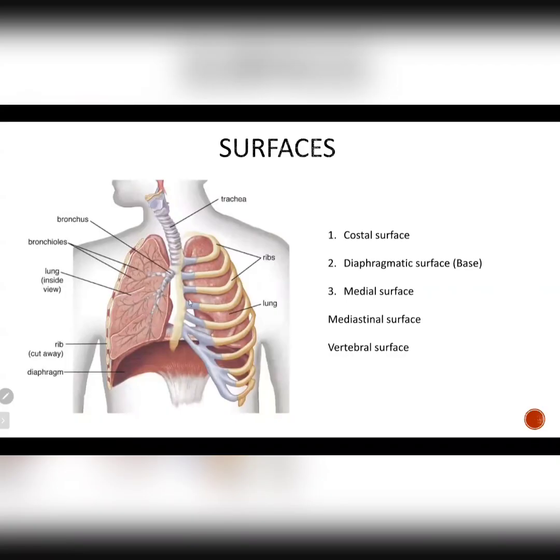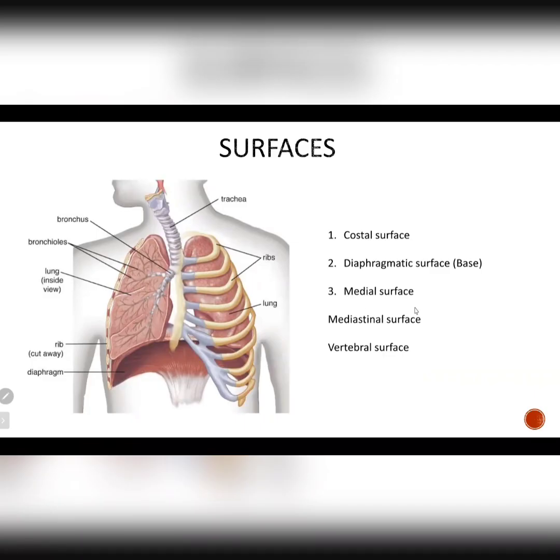The middle mediastinum contains the heart and the great vessels of the heart. Because the mediastinum is present here in the midline, this medial surface of the lung has two subdivisions.